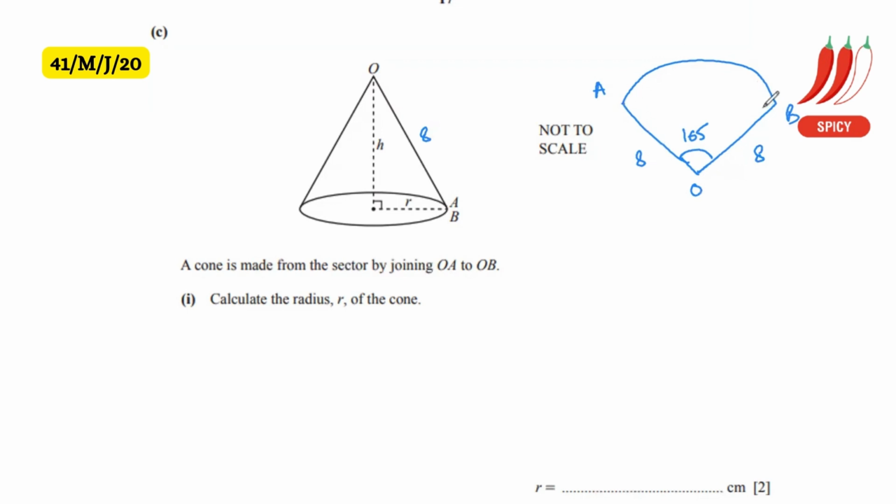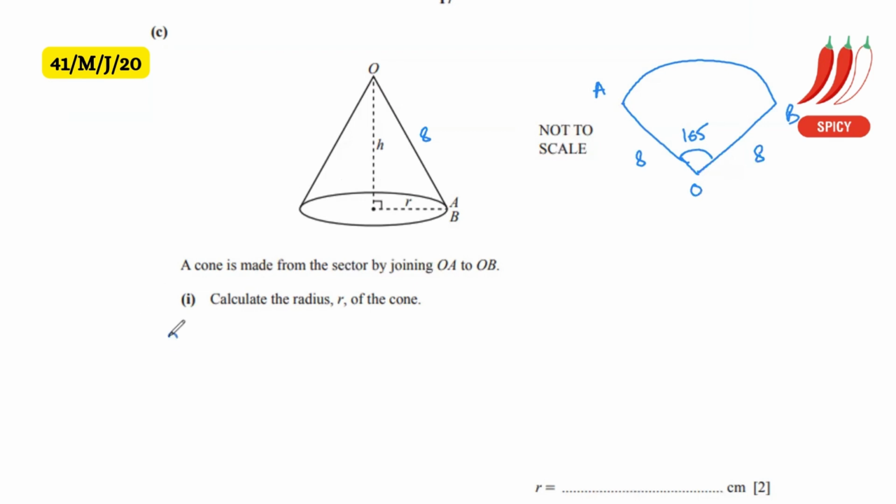So if you notice, the arc length is now becoming the circumference of your base. The base is a circular shape, made by joining A and B over here, so the arc length is the same as the circumference of the base.